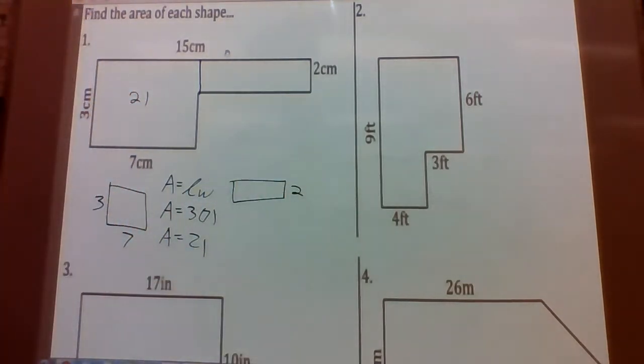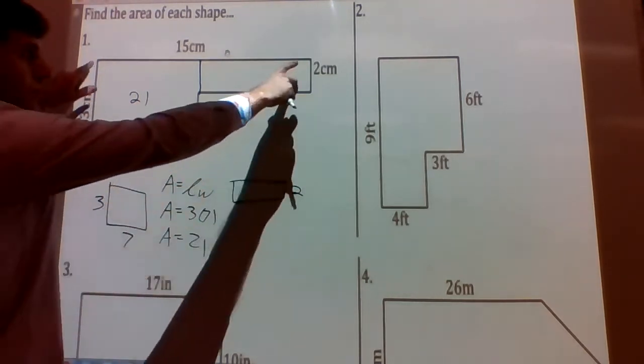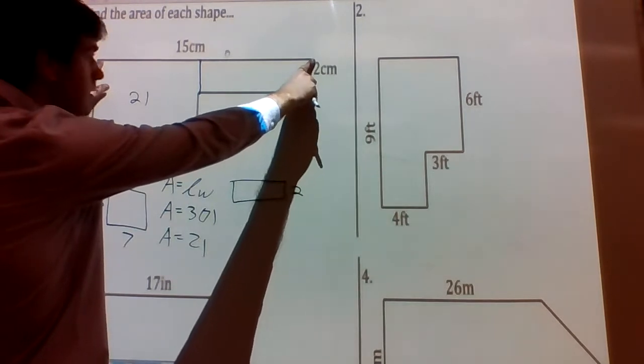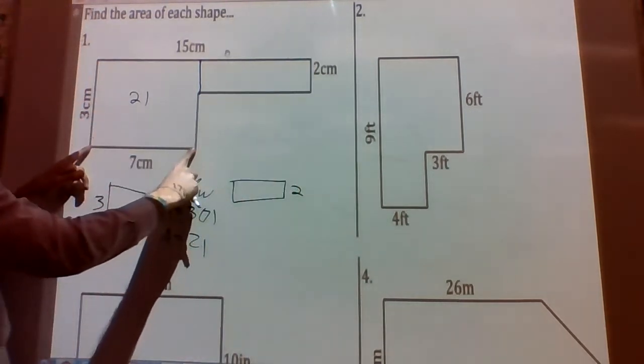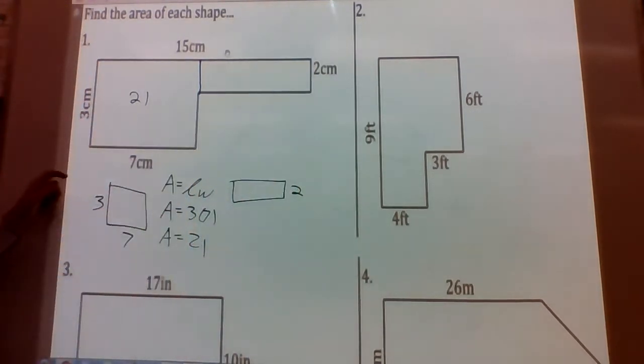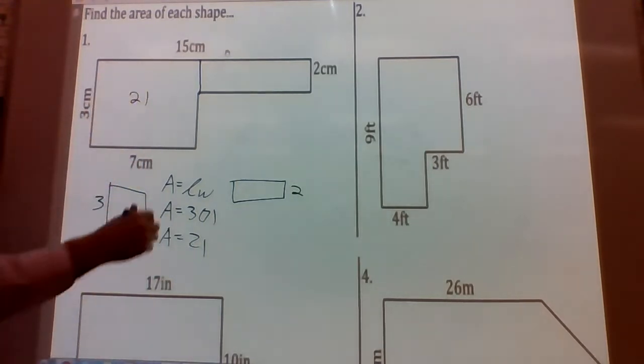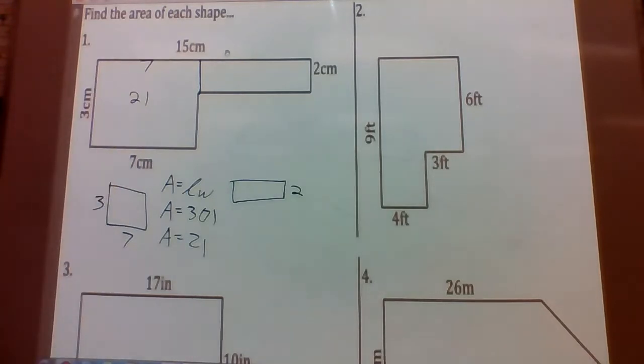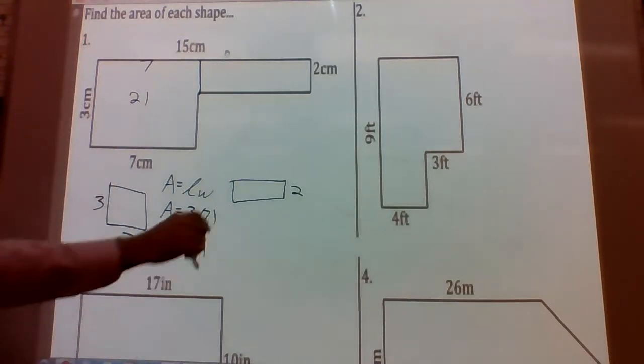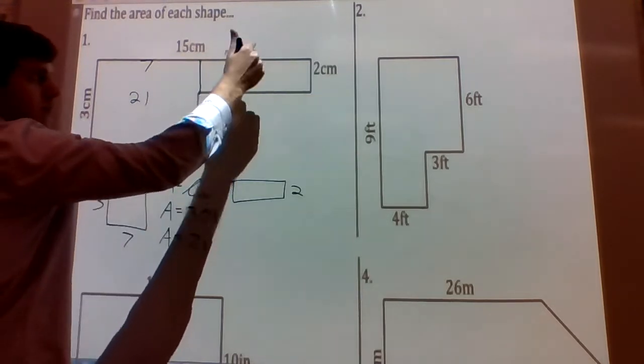We need to find the length. We know the length of this whole piece is 15. We also know, since this is a 7, the opposite side of the rectangle is also going to be 7. So this piece has to be 15 minus 7, which is 8, right?